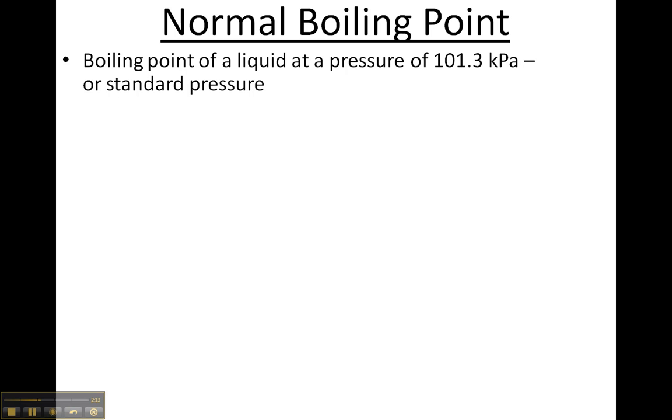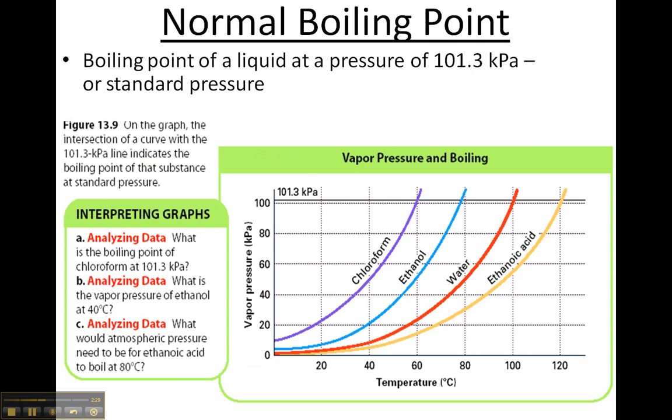I don't remember if you, perhaps you remember STP, that's standard temperature and pressure. And we always talked about standard temperature and pressure being equal to 22.4 liters. 1 mole is equal to that much. Well, here's standard pressure now that we're talking about. So we can look at vapor pressure and boiling and temperature.